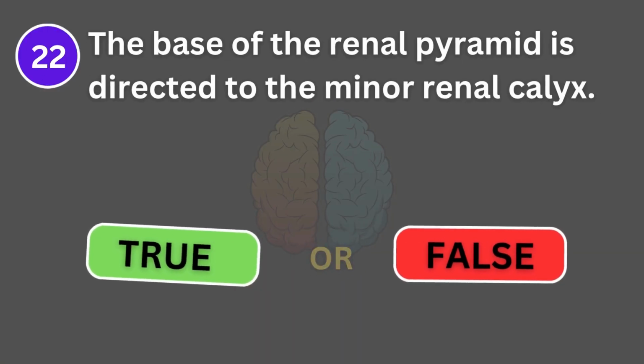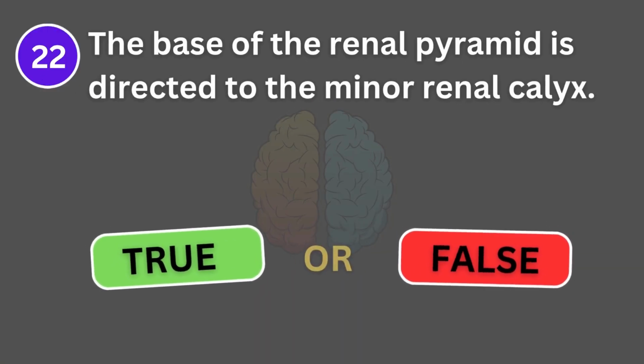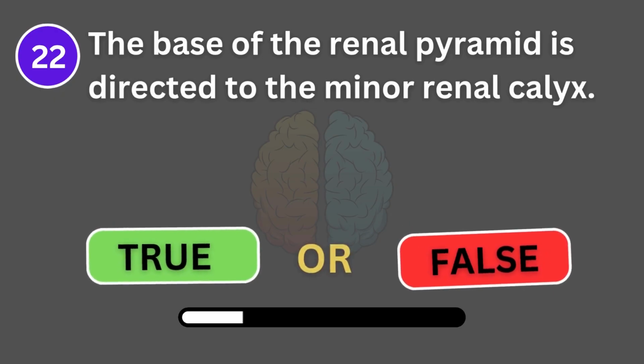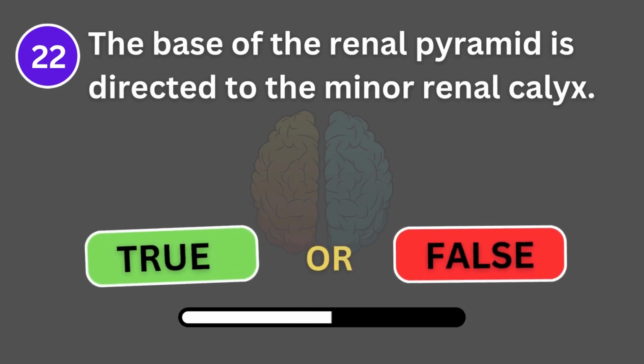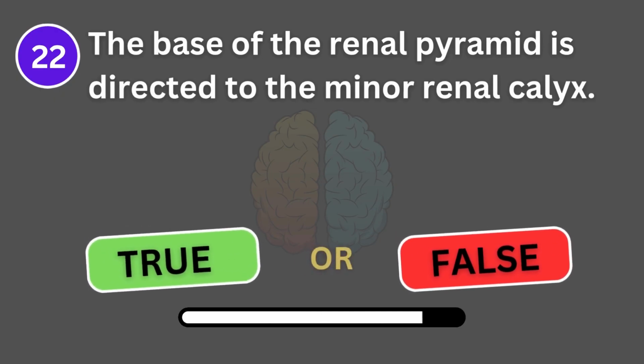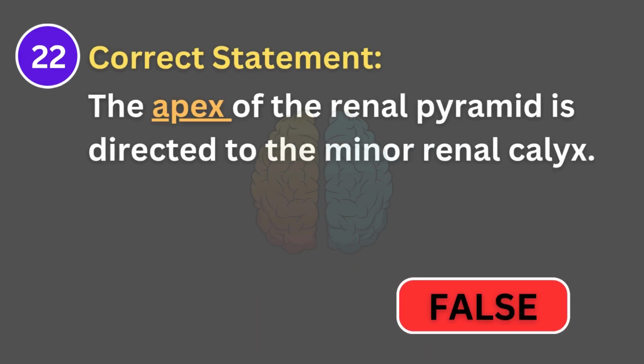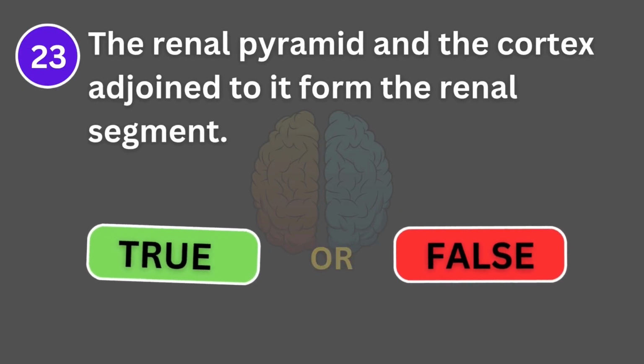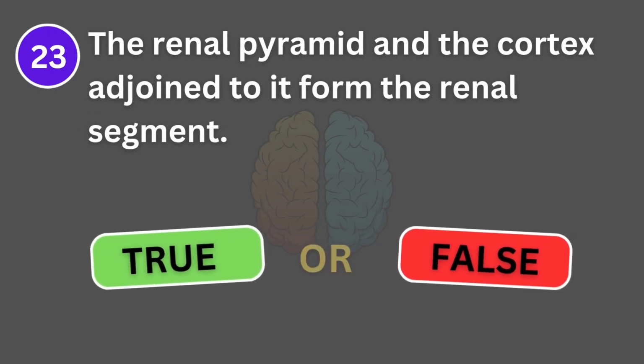The base of the renal pyramid is directed to the minor renal calyx. The renal pyramid and the cortex adjoined to it form the renal segment.